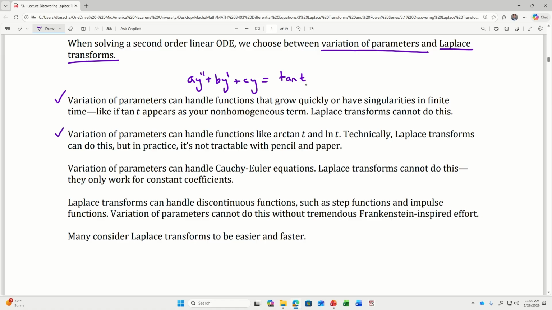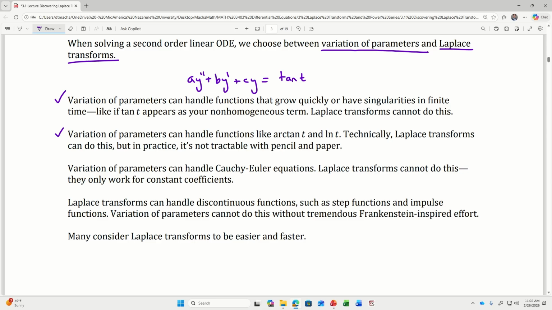Variation of parameters can handle Cauchy-Euler equations. Laplace transforms can't. It turns out if you take a Laplace transform of the terms on the left side of a Cauchy-Euler equation, you can do the Laplace transform, but you end up with a differential equation in the S domain, right?